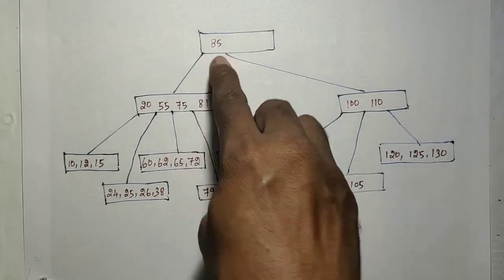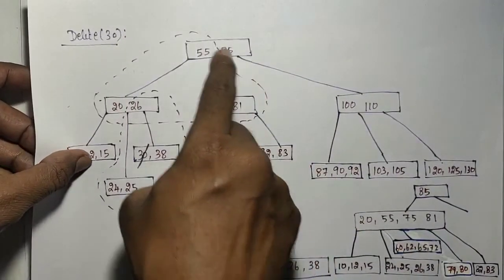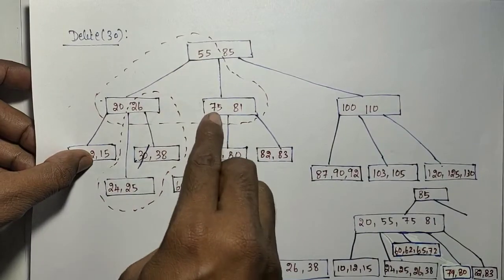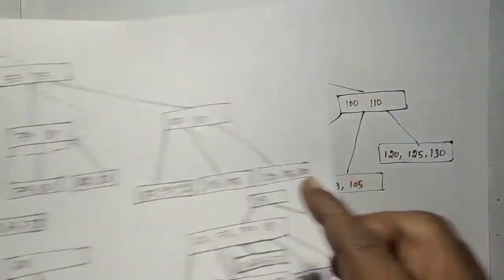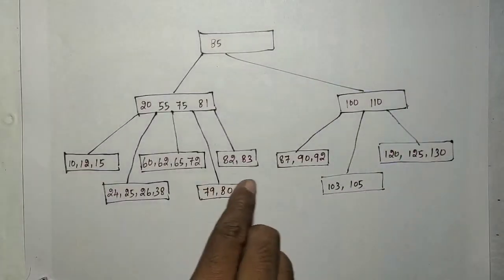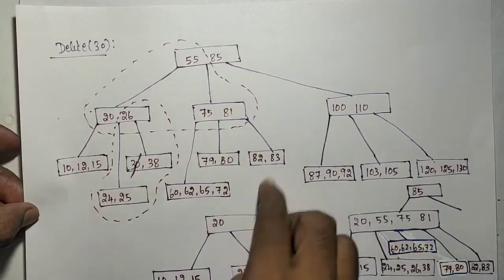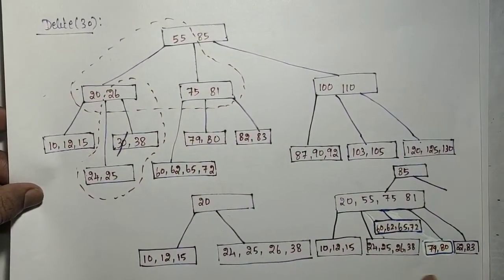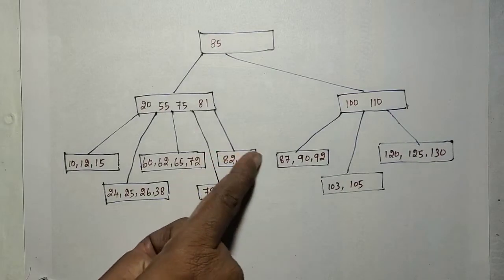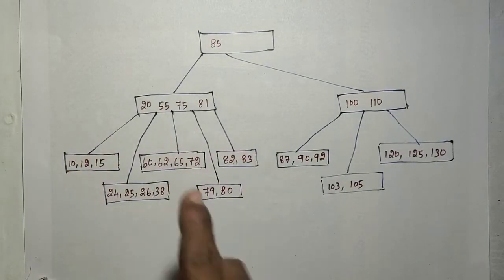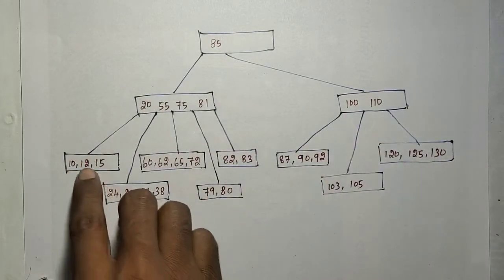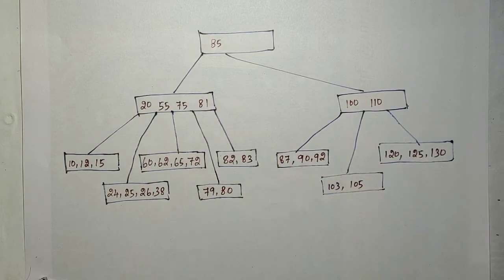The root is having only 85, and the left is that merged 20, 55, 75, 81. The right is 100, 110. And these children will be like this, and then these children will be like this. So all the leaf nodes are at the same level and it is satisfying the B-tree property.